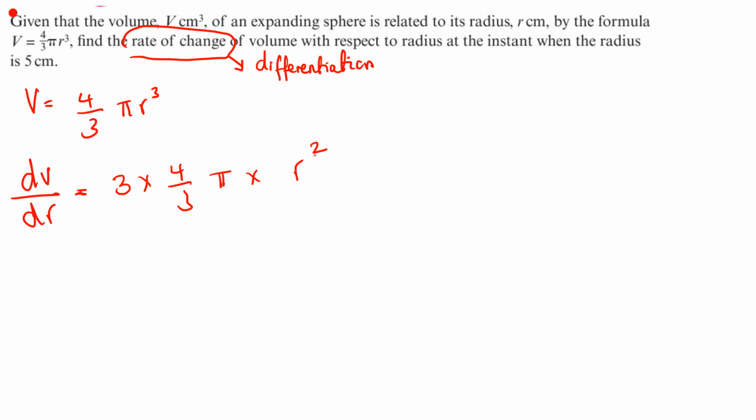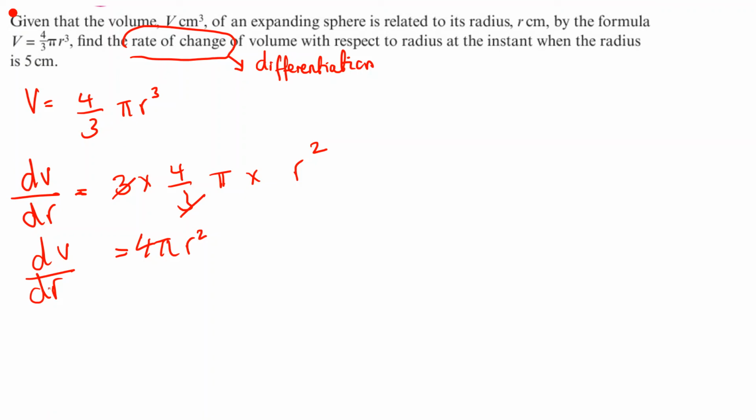So we're keeping pi as a number and we're not really converting it. The 3 will cancel out with the 3 and we're left with 4 pi r squared. So dV over dr now is 4 pi r squared.